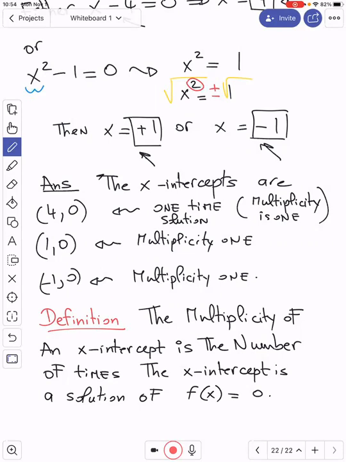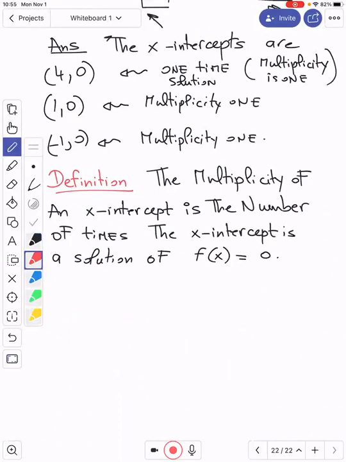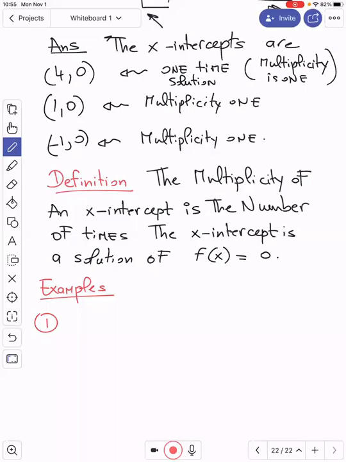Okay. So for examples, if you have x cubed equal to 0, then x, of course, you apply the third root, so x is going to be equal to 0.